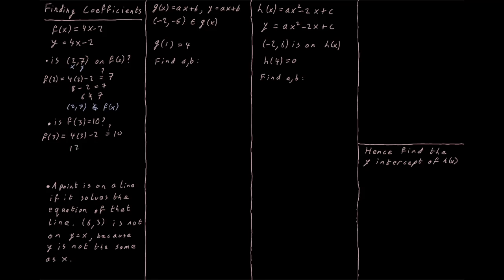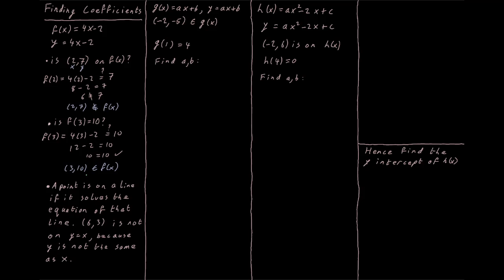So we end up with 12 minus 2, and we end up with 10 is equal to 10. And that's true, 10 is equal to 10. So that means that when we input x is 3, we get out y is 10. So that tells us that the point 3, 10 is an element of the set f of x. It's a member of this group.